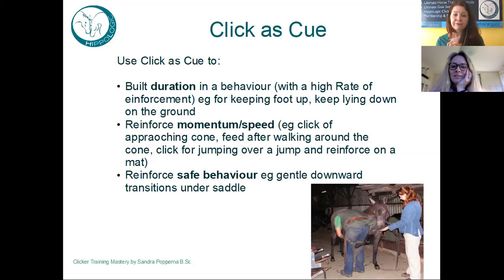You can also reinforce momentum or speed. We just talked about that. For example, a click for approaching the cone and then walking around without stopping, turning around without stopping, and coming back to you. In that exercise, it's really cool because you can send your horse away and ask your horse to come back.